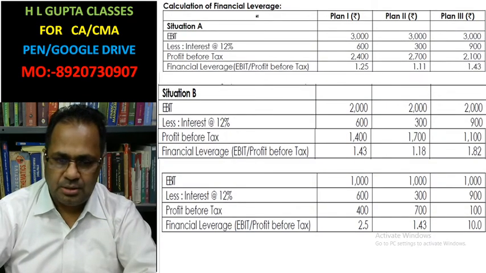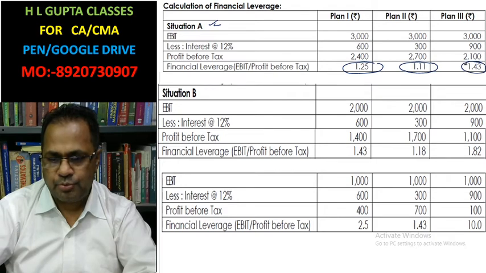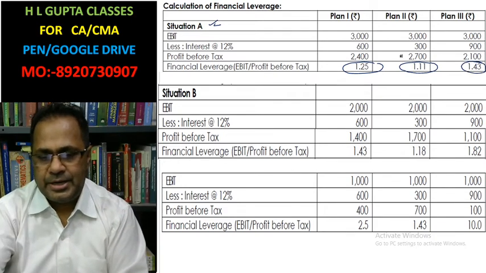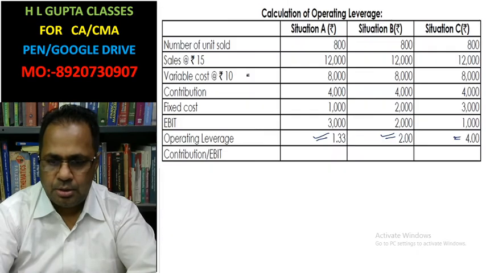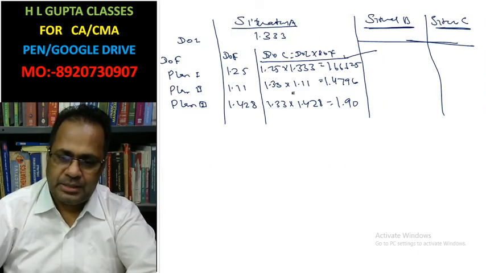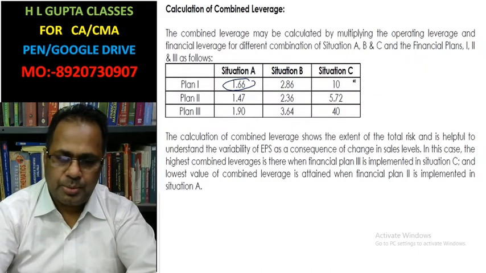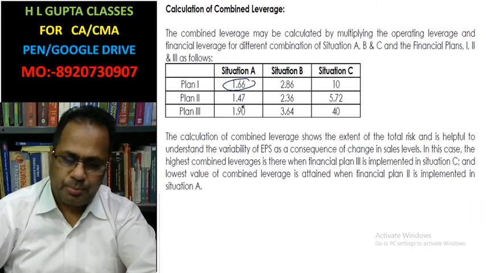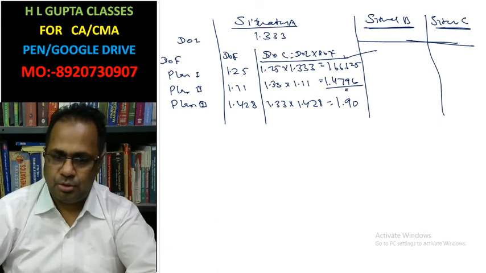Plan first in situation A is 1.25, then 1.11, 1.43. The degree of combined leverage for situation A is 1.66, then 1.47, and the third is 1.90.